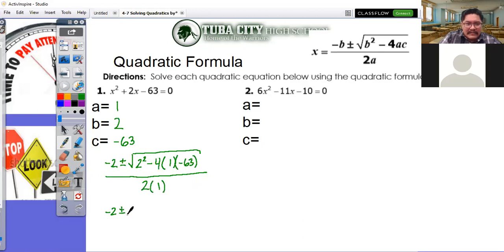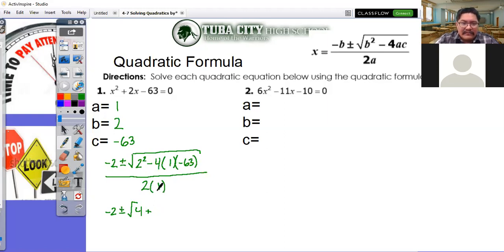All right, so plus and minus square root. I'm going to open the root. And then 2 squared, so this is going to be 4. So 2 squared is 4, minus, and here it pays to look ahead. I have 3 numbers being multiplied: negative 4, 1, and negative 63. First I'm going to look at the signs. In this case, I have 2 negatives, and negative times negative is going to be positive.